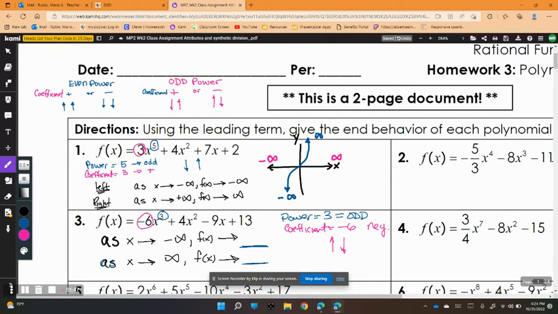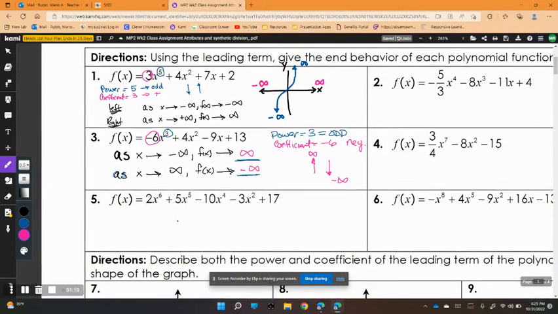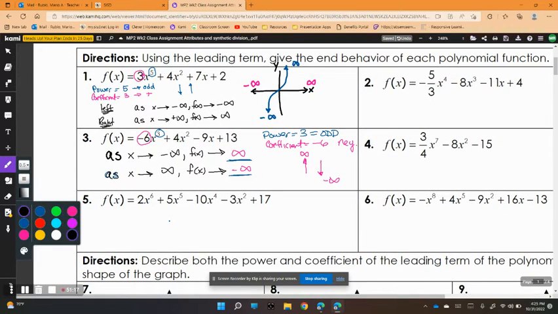Let me see if I can write this a little bit of a different way. The left goes up, the right goes down, going towards positive infinity, and this is going towards negative infinity. So our answers here, on the left side, we're going up, positive, and on the right side, we're going down, negative. Okay. You guys should start to recognize a pattern.